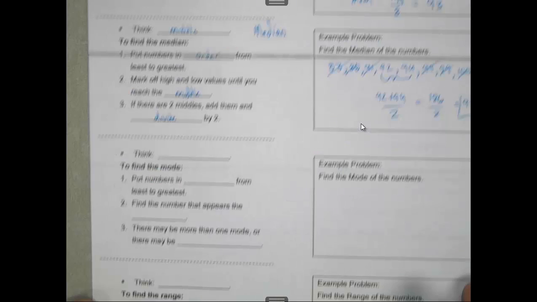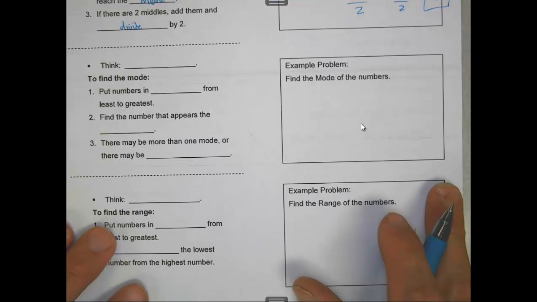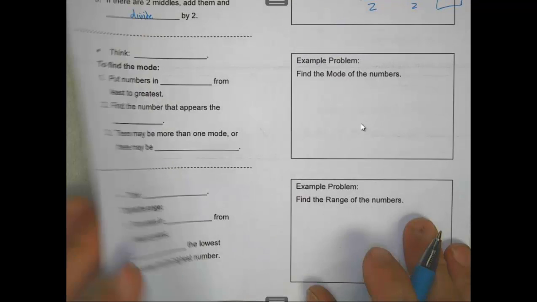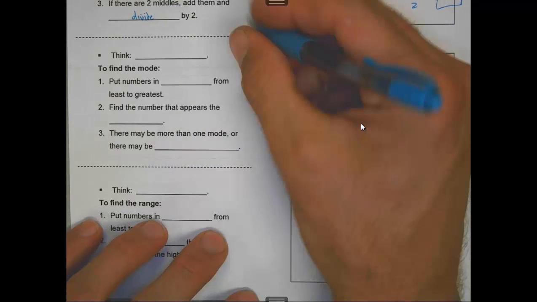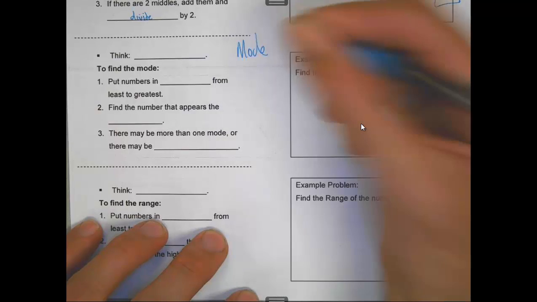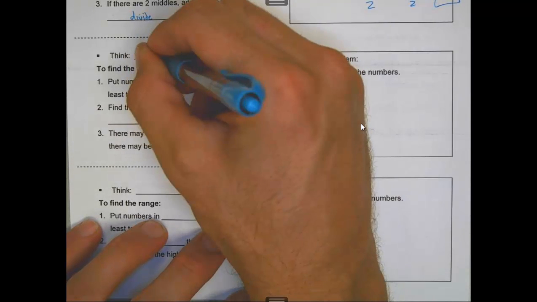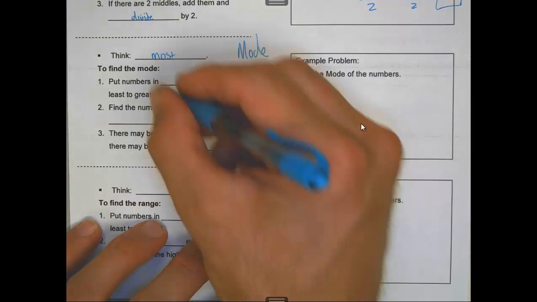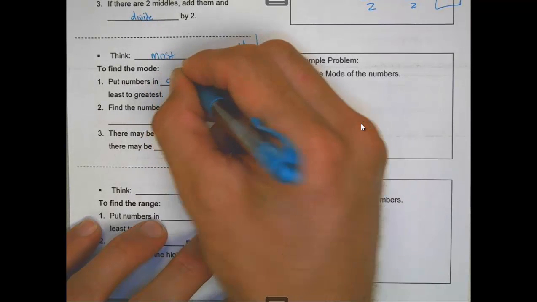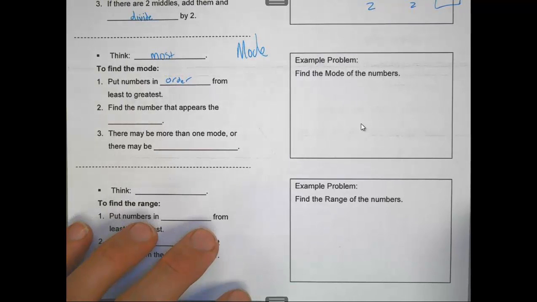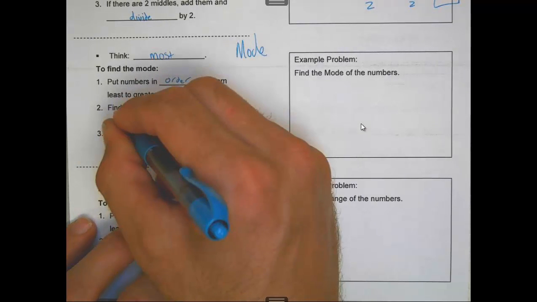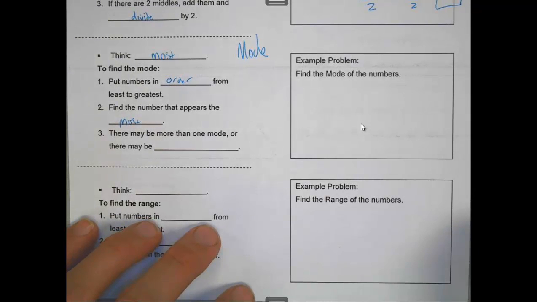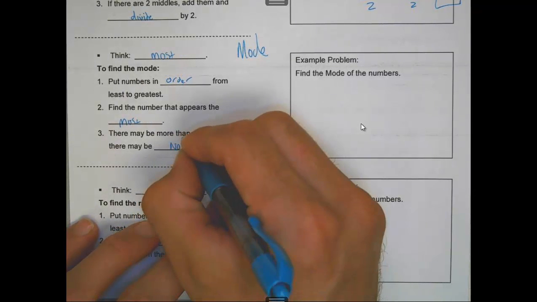Okay, let's try the next one. The next one is the mode. Okay, so let's write mode here. And for mode, we want to think most. Most is the key word we're thinking about there. All right, we're going to put the numbers in order again from least to greatest. We're going to find the number that occurs the most. And there may be more than one mode, and there may be no mode as well.